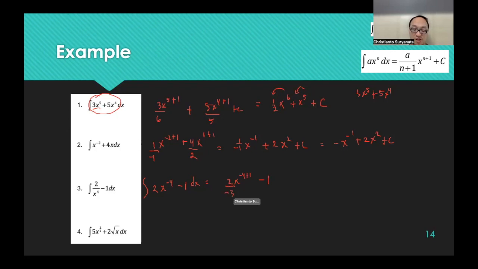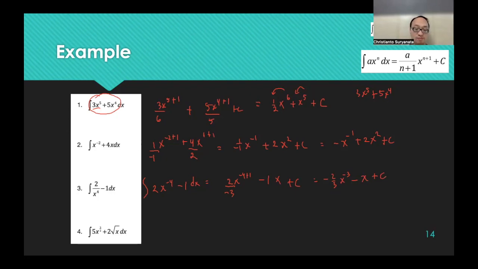And for 1, so I just add x. Yeah, for the constant, you only add x, plus c. So it's negative 2 over 3, x to the power of negative 3, minus x plus c.